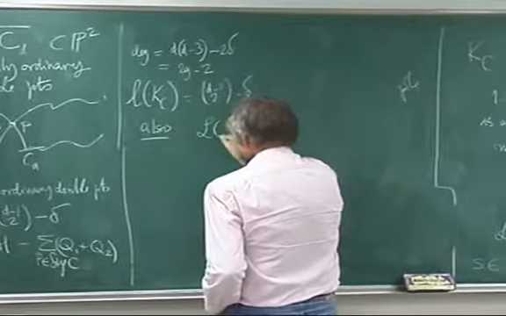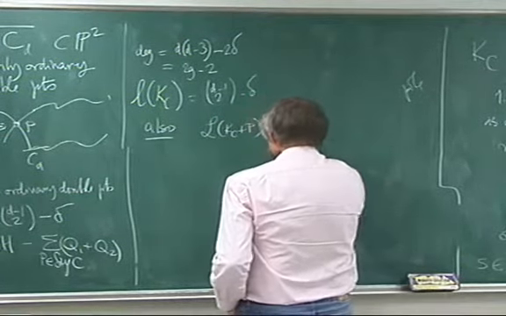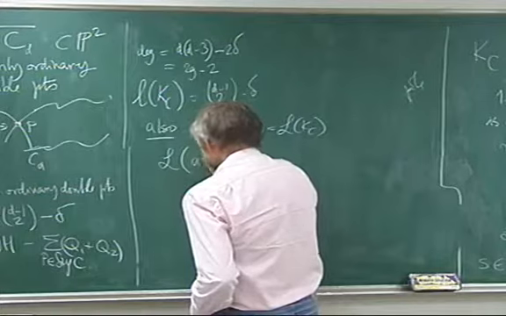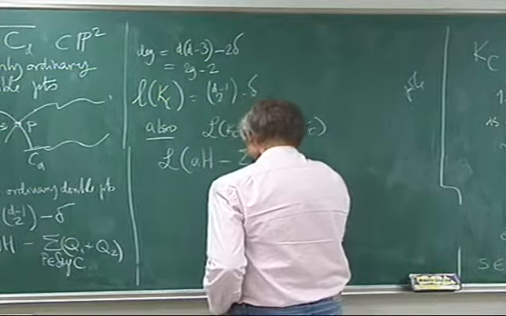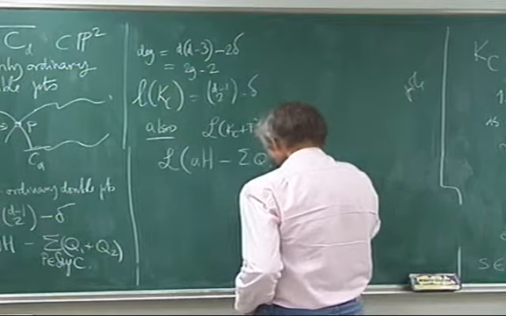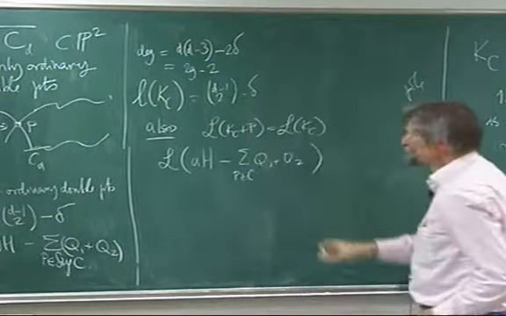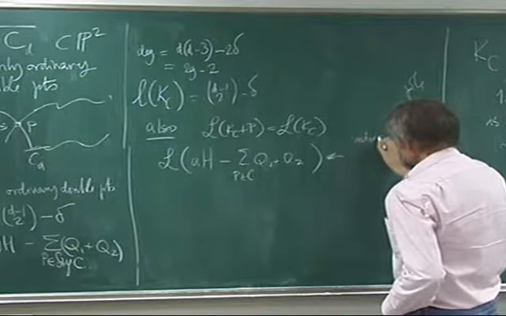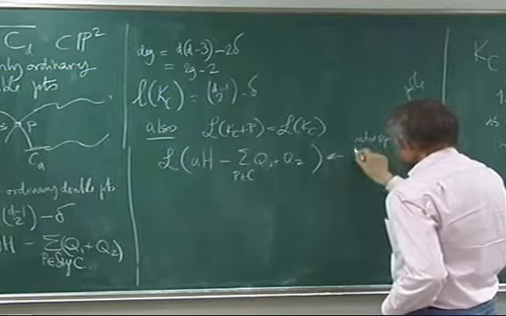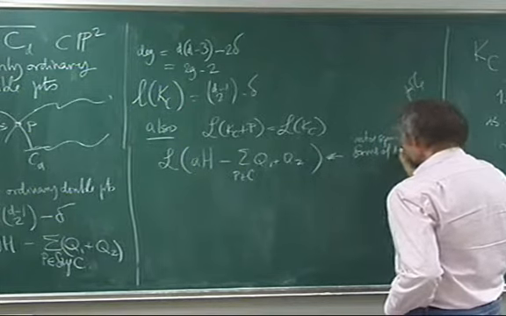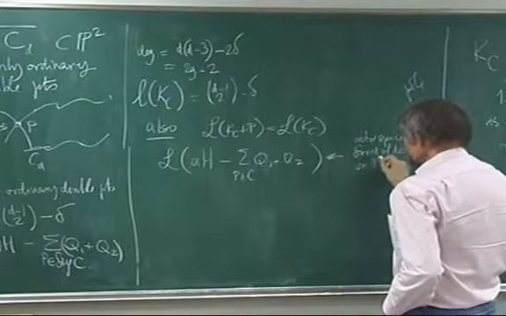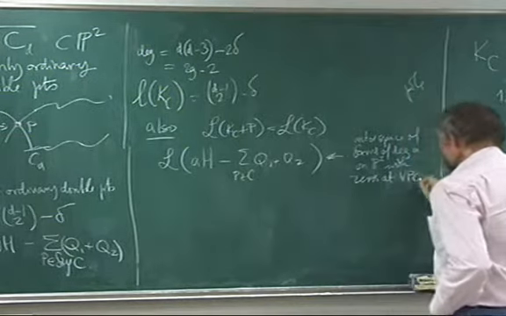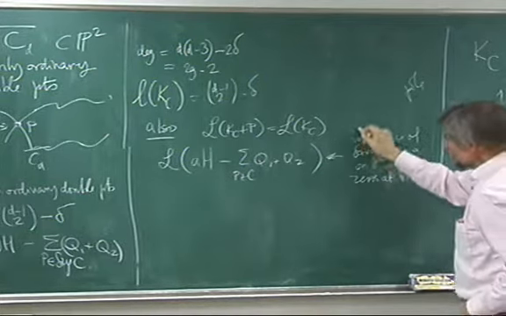Also L of Kc plus P equals L of Kc, and L of AH minus the sum of the Qis, so the sum of Q1 plus Q2 over all P in C, comes from the vector space of forms of degree A on P2 with zeros at all the P in singular C. And so this is surjective.